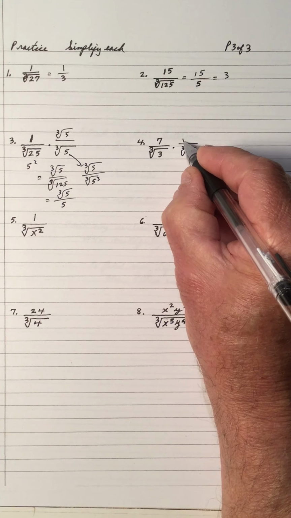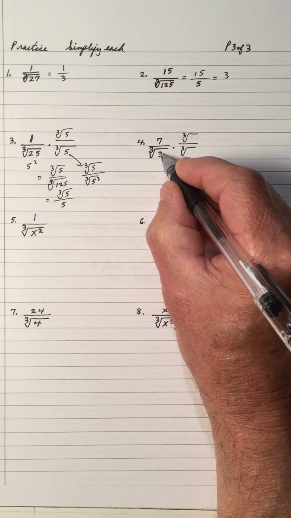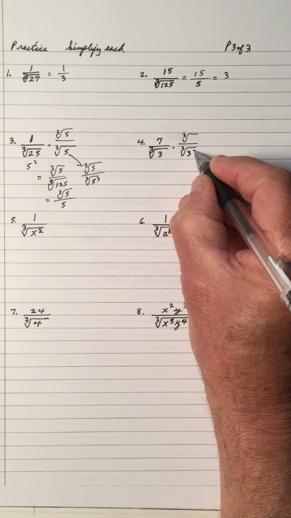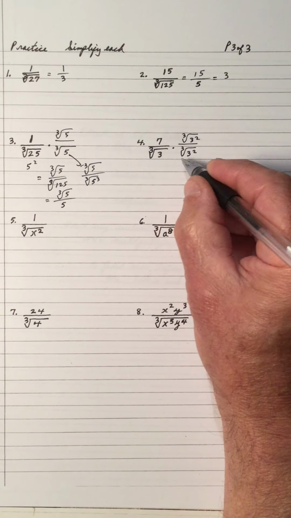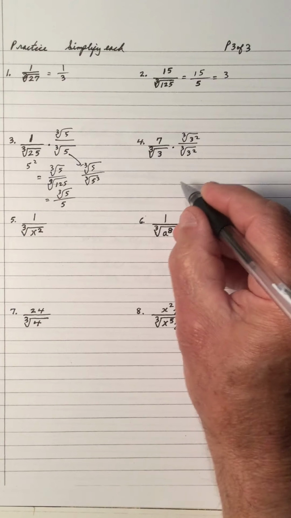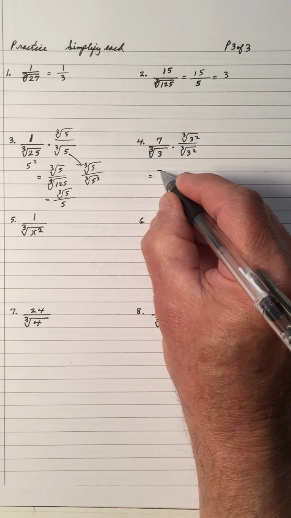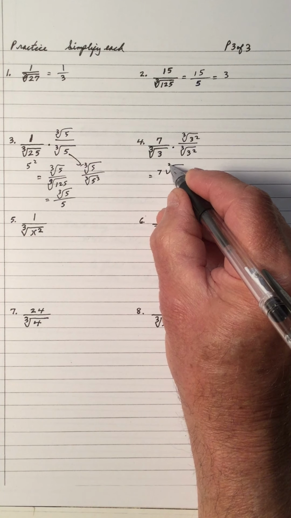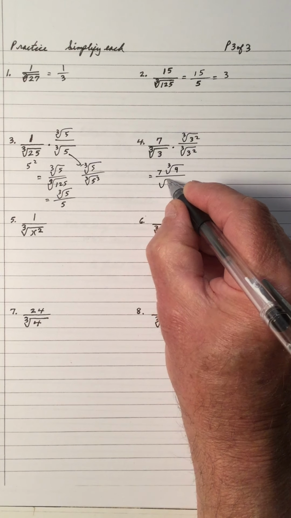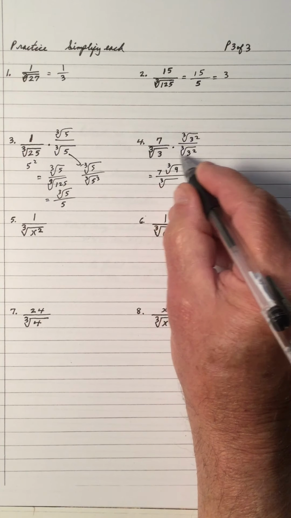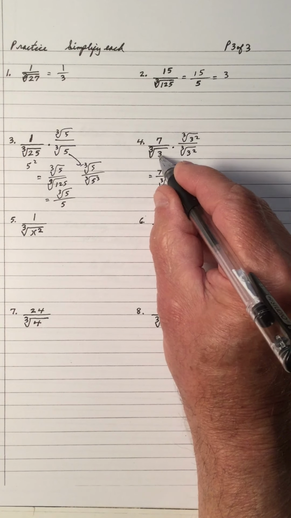And it's not a perfect cube, so I have to do some work. There's 1 3. I need 2 more. You could say I needed 9 because 9 makes it 27. So that's 7 cube root 3 squared, which is 9. That's the cube root of 3 times 9.